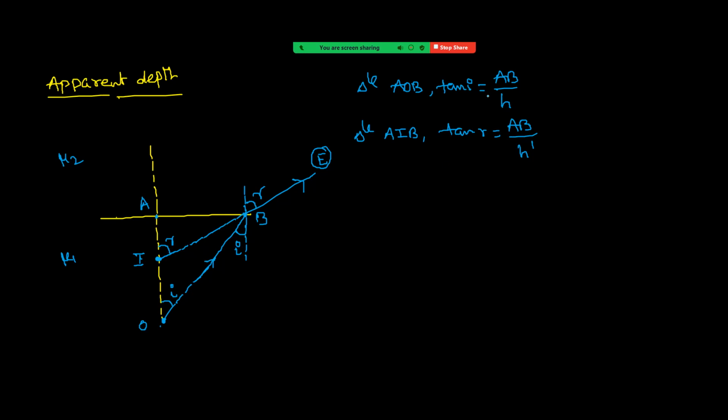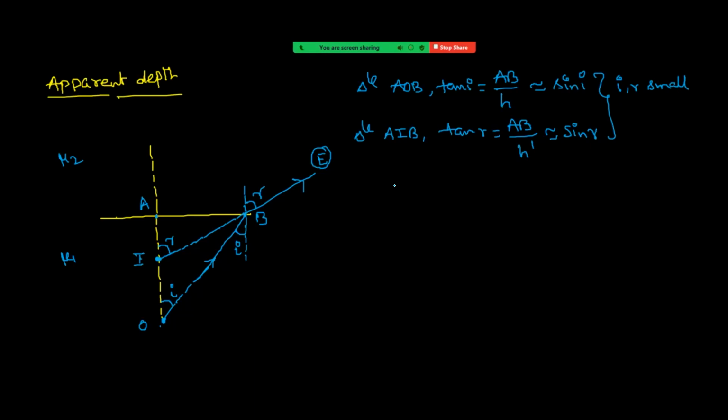If they are small, tan I is approximately equal to sin I, and tan R is approximately equal to sin R. So the condition is that here we have taken I and R small.